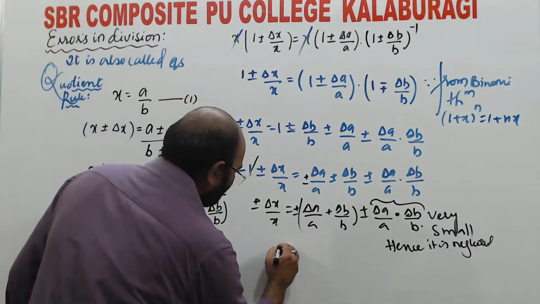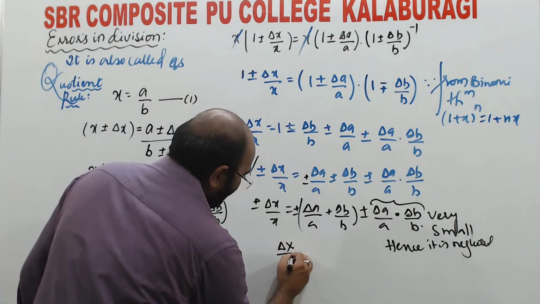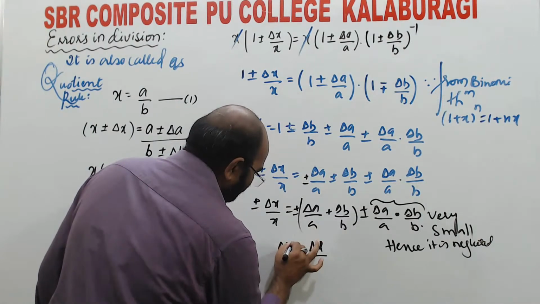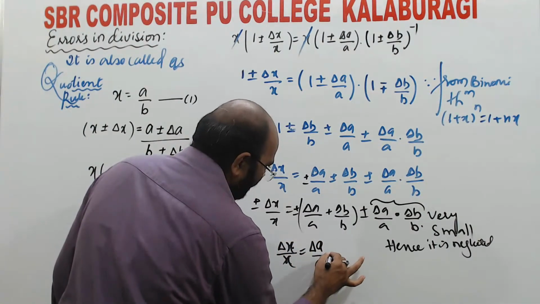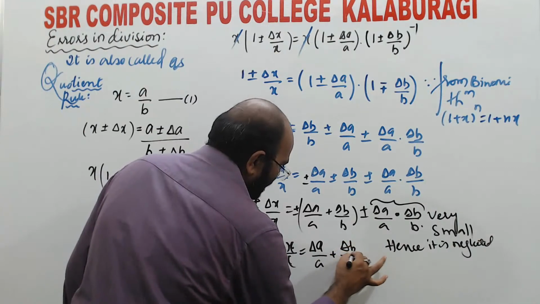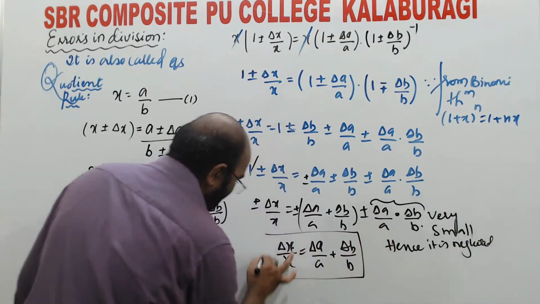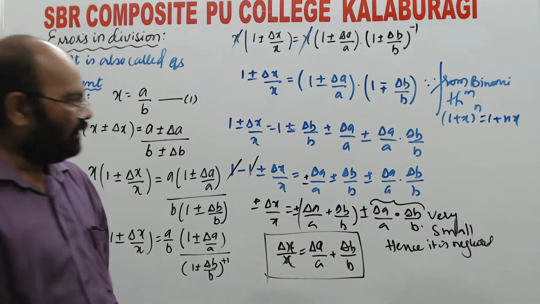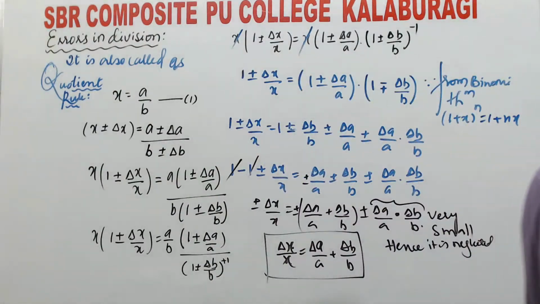The condition is delta x by x is equal to delta a by a plus delta b by b. This is error in the division, or error in the quotient. This we call as error in the quotient or error in the division.